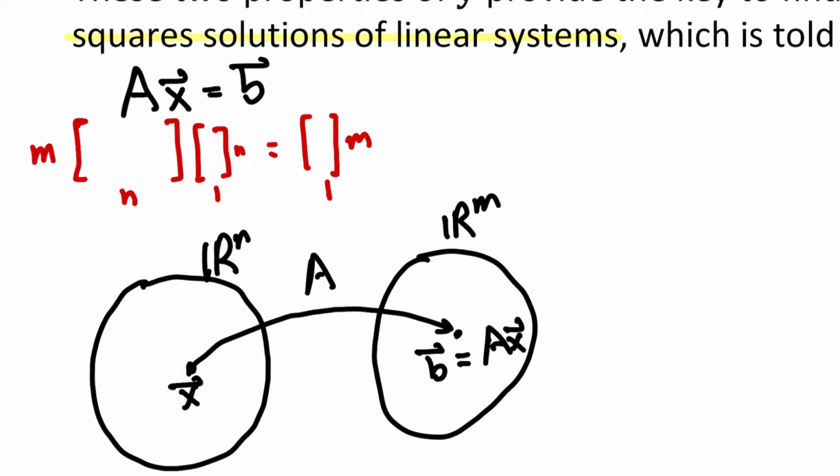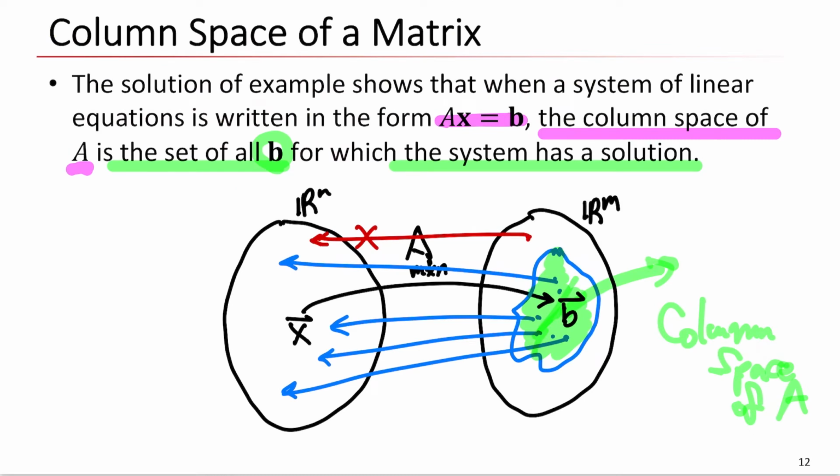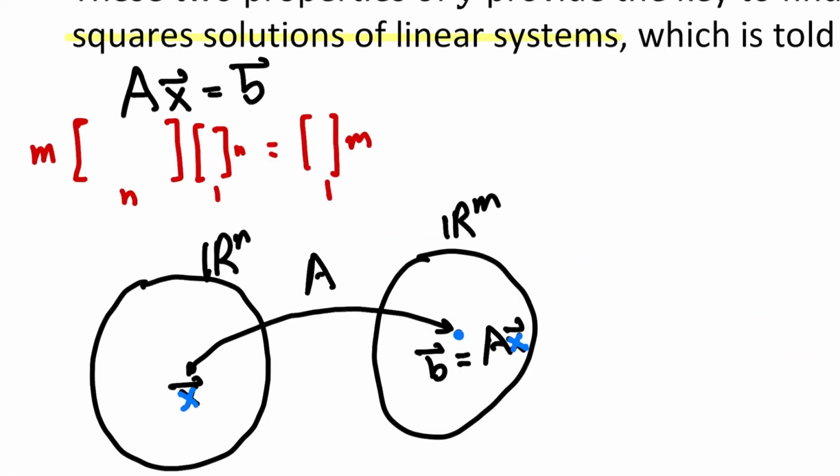If we have some vector b here that we want to find x for, then x is a solution of Ax = b.